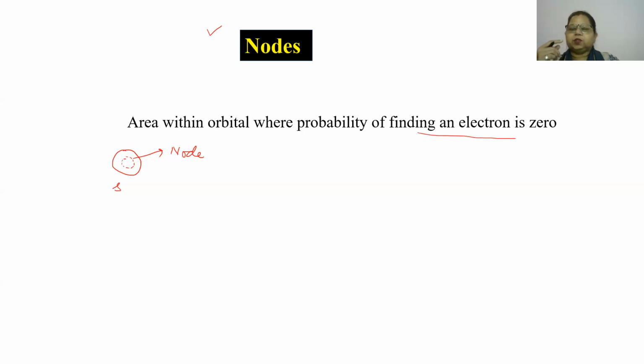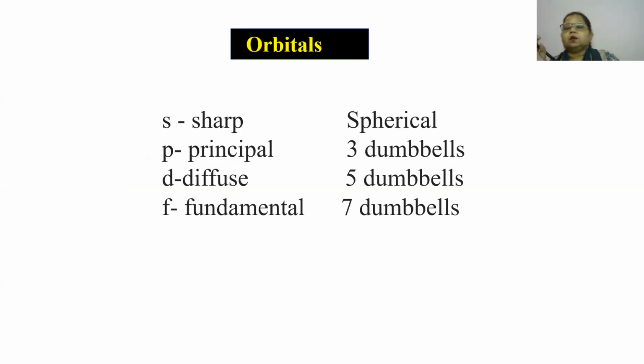We will answer this question after understanding the shapes of different orbitals, what their names are and why they are called so. We have a total of 4 types of orbitals in our syllabus. You may read in certain books about g orbital also, right?